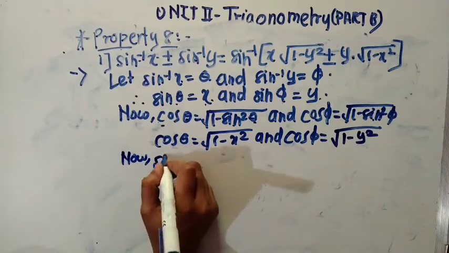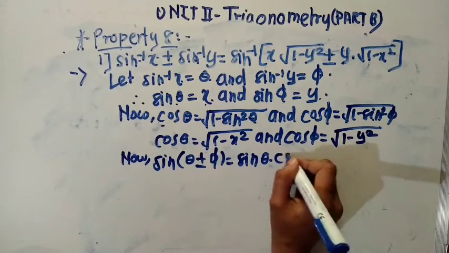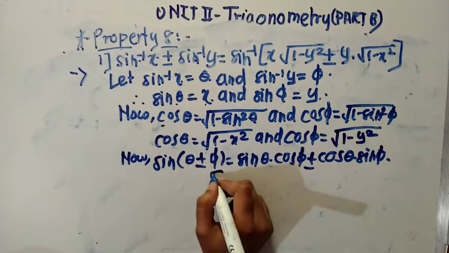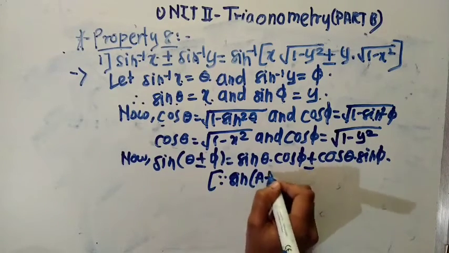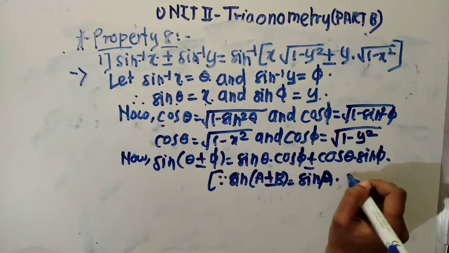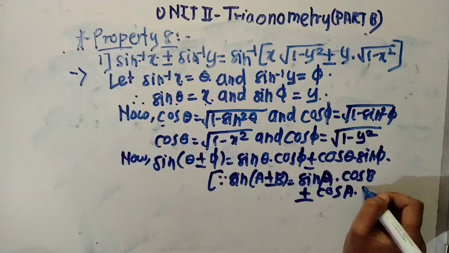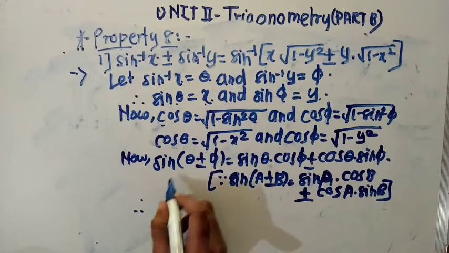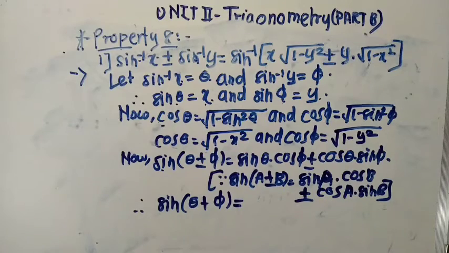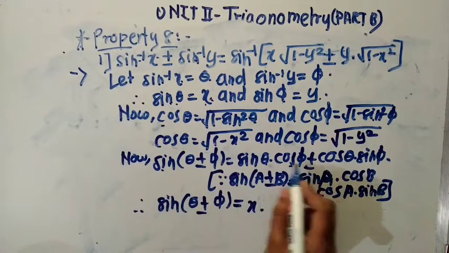Now we know that sin of theta plus or minus phi is equal to sin theta into cos phi plus or minus cos theta into sin phi, since sin of A plus or minus B is equal to sin A into cos B plus or minus cos A into sin B. Hence, sin of theta plus or minus phi is equal to sin theta, which means x, into cos phi.